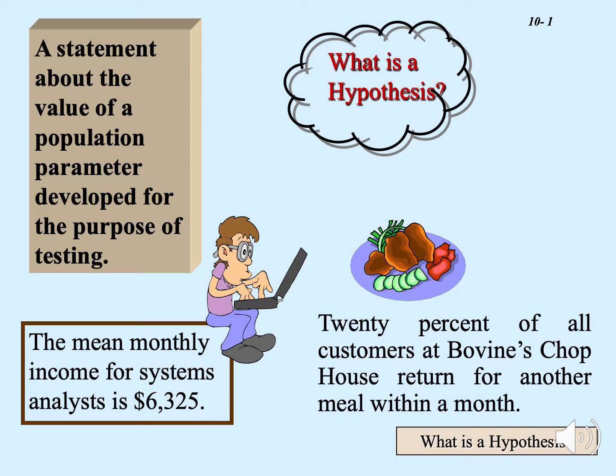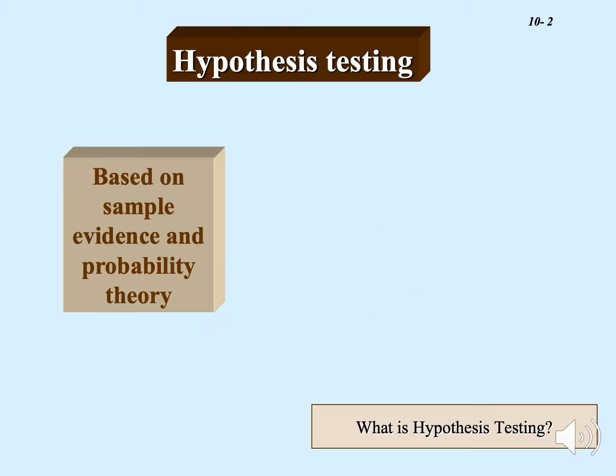So what we will be doing is the hypothesis testing. When we say hypothesis testing, that is based on sample evidence and also on probability theory. That's why in the undergrad, before the lesson on hypothesis testing, there is a bridge between descriptive statistics and inferential statistics, because this is the inferential part. The bridge is the probability theory.